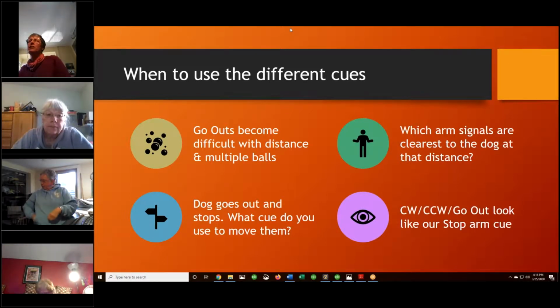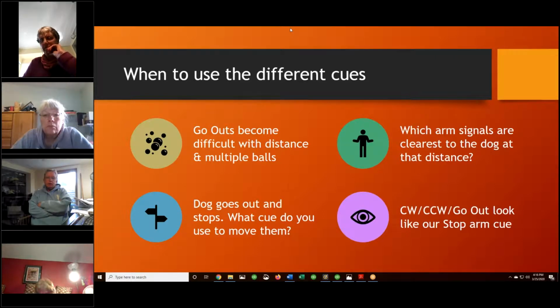Well, Chris, what does the bottom right one mean? So, this is where I was kind of going before. For some folks, in particular like me, I have my clockwise and my counterclockwise, my away and my come by. And then I later added a go out cue.